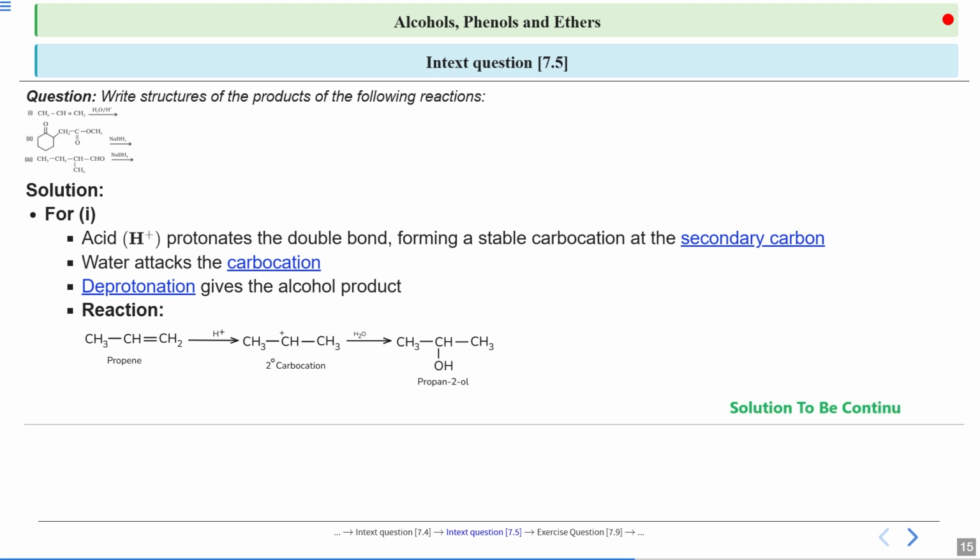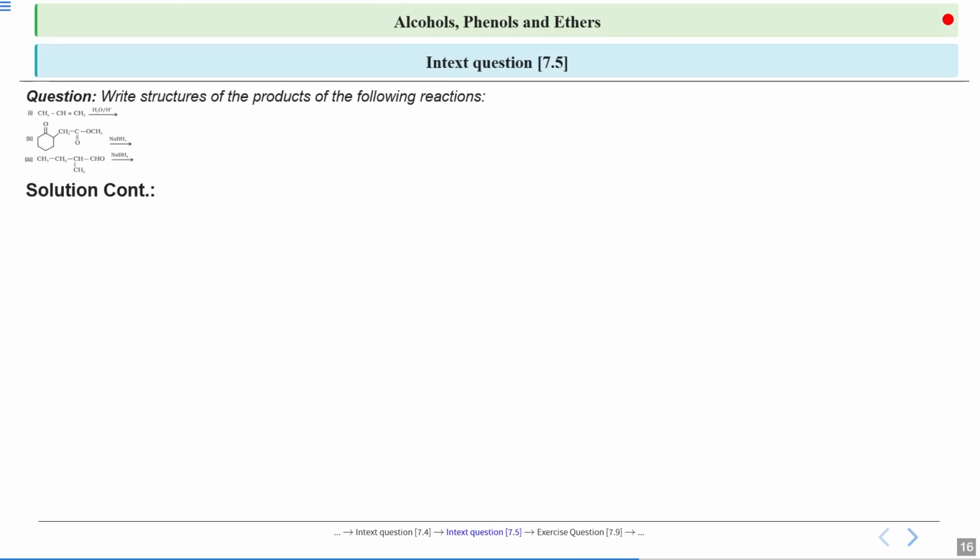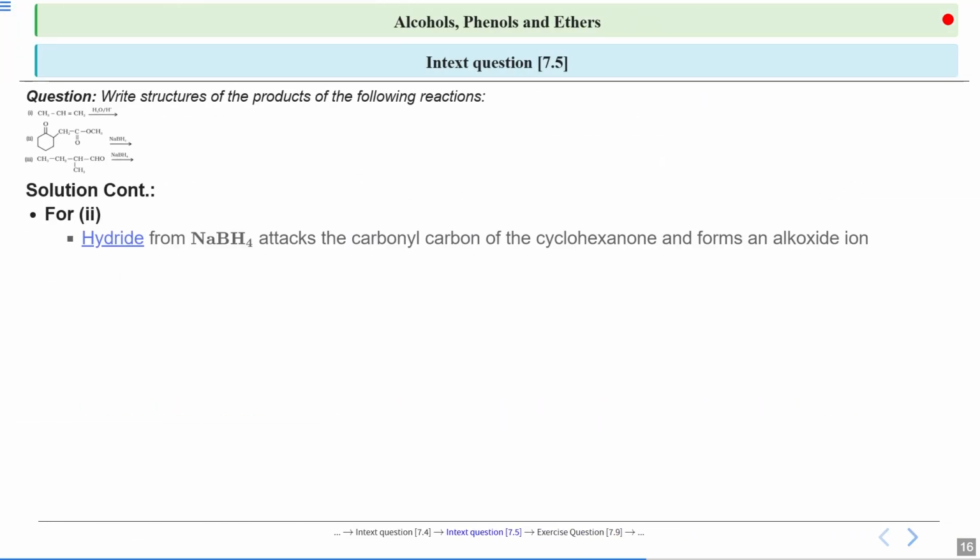Now let us see the second part. In the second part, it is given sodium borohydride, that is NaBH4. So H minus, that is hydride from NaBH4, will attack the carbonyl carbon of your cyclohexanone, because here you see cyclohexanone.